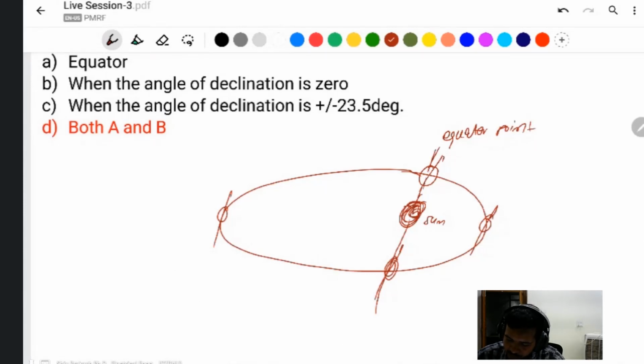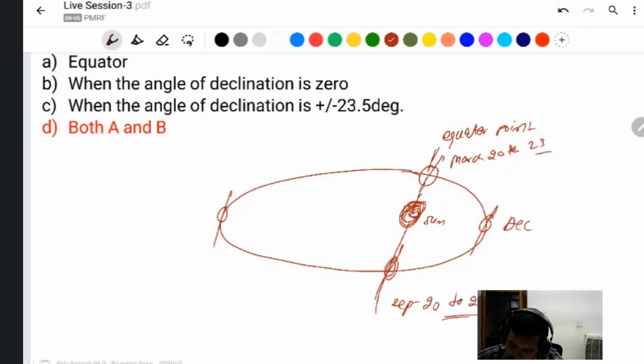This will be September 21st, say 20 to 23. This one is March, this one September, 20 to 23.